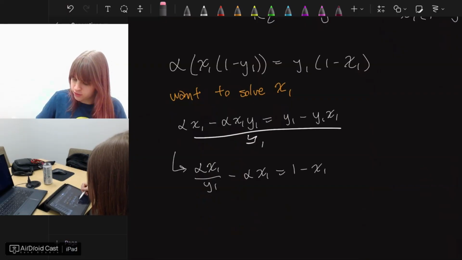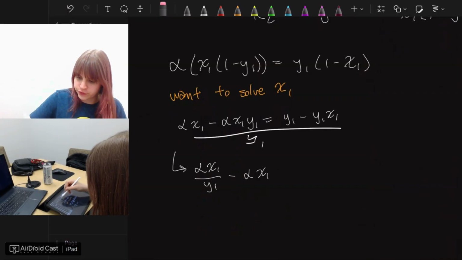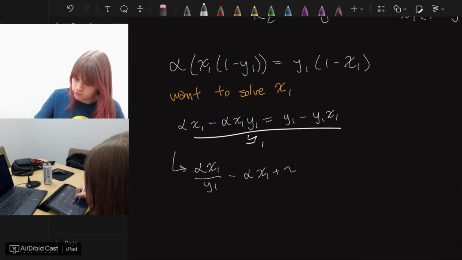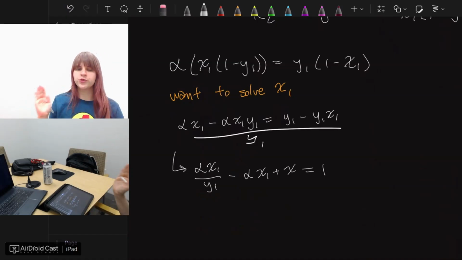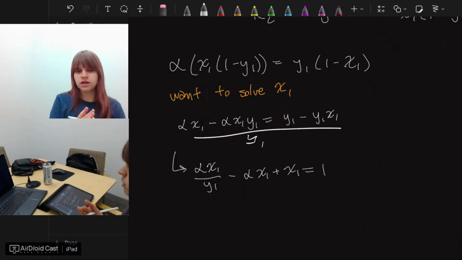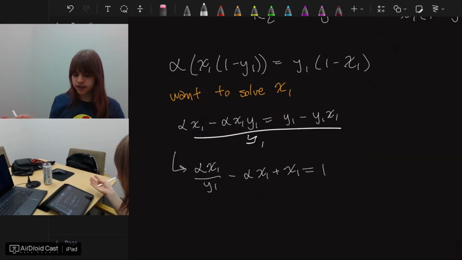And actually I'm just going to add that X1 to this side. So that is all equal to 1 now. So we have the X1s on the same side of the equation, but we have not isolated it. So this isn't complete yet.